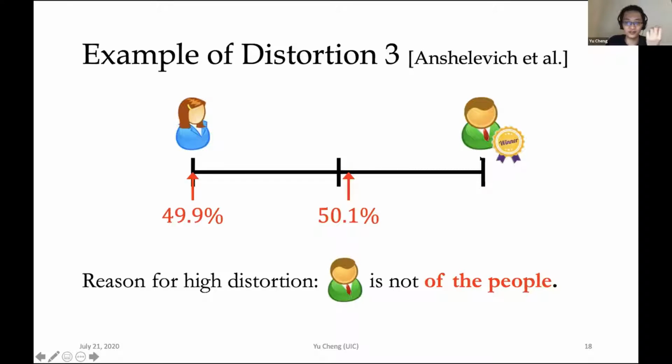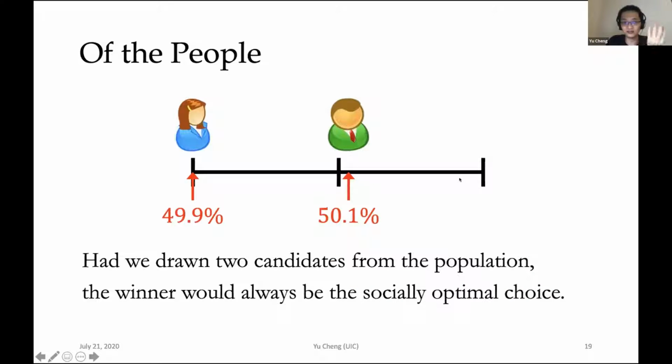There's no voter sitting at his location, right? Okay, so it turns out on this particular voter distribution, had we drawn the candidates from this distribution, the winner would always be the socially optimal choice. Okay, so by going from worst case to average case, you are able to eliminate this particular instance at least.